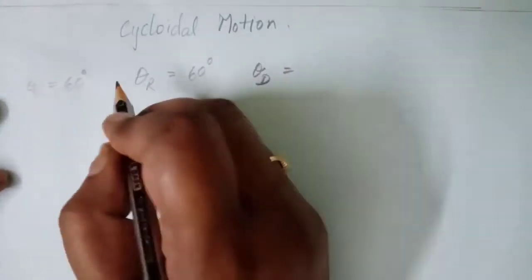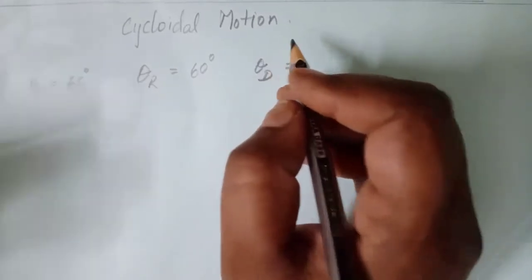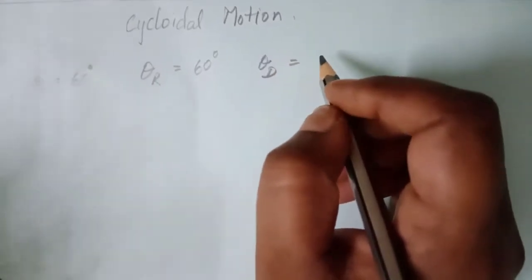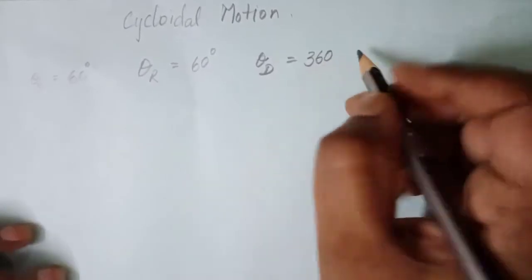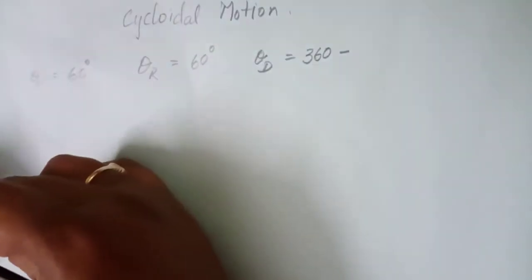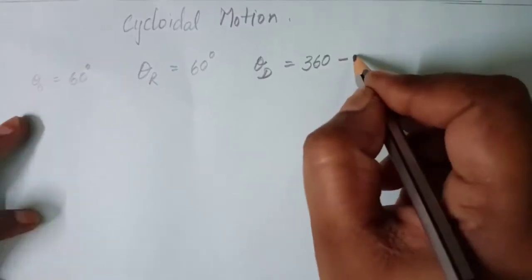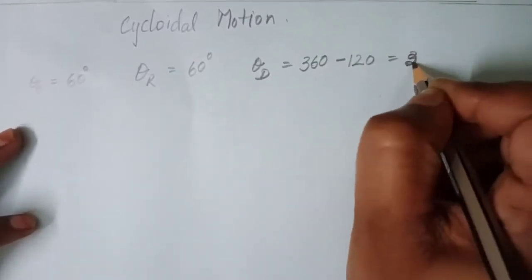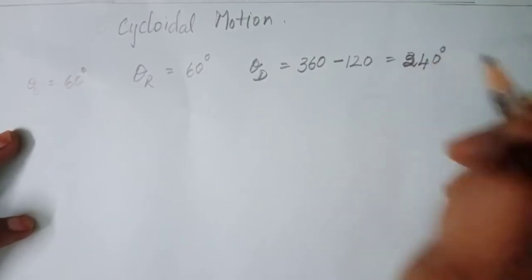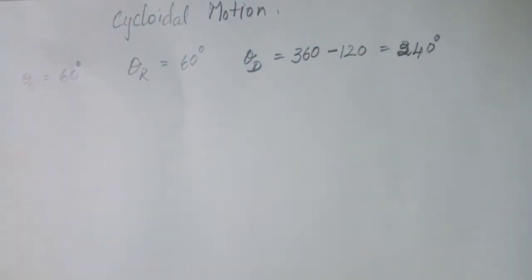After the outward stroke and return stroke, the remaining angle is all dwell. The cam always rotates 360 degrees, so 360 minus 120 gives 240 degrees as the dwell period. So now I'll start this.